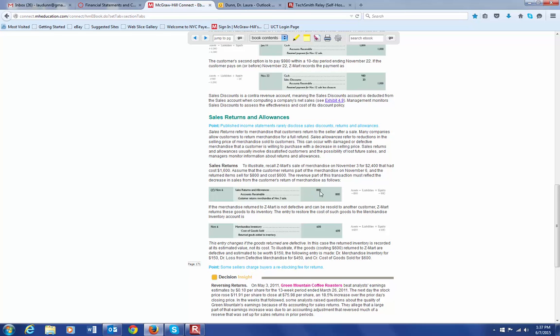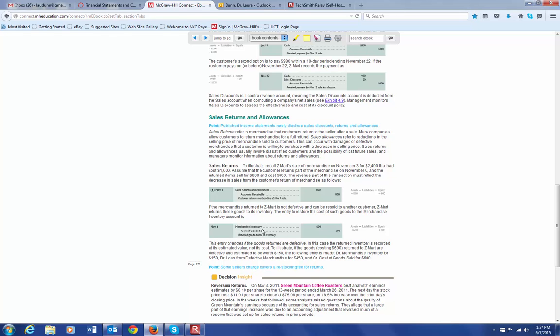So your return is going to be to sales returns and allowances, a debit for $800, and then you're going to reduce the accounts receivable by crediting it for $800. So this is how you handle it on the sales side, but that merchandise did not actually cost you $800. So when you adjust that on the inventory side, you have to adjust it based on what you actually had paid for it.